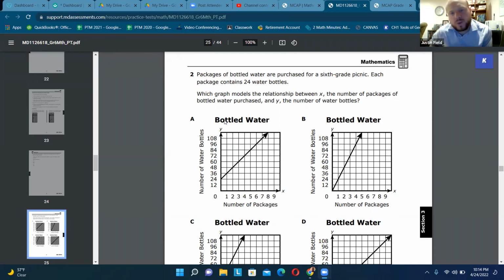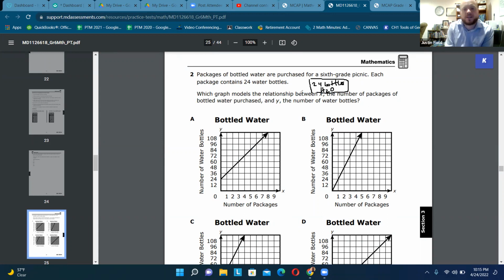Packages of bottled water are purchased for a 6th grade picnic. Each package contains 24 bottles of water. So I know what these look like, you know, the 24 bottles of H2O, right?